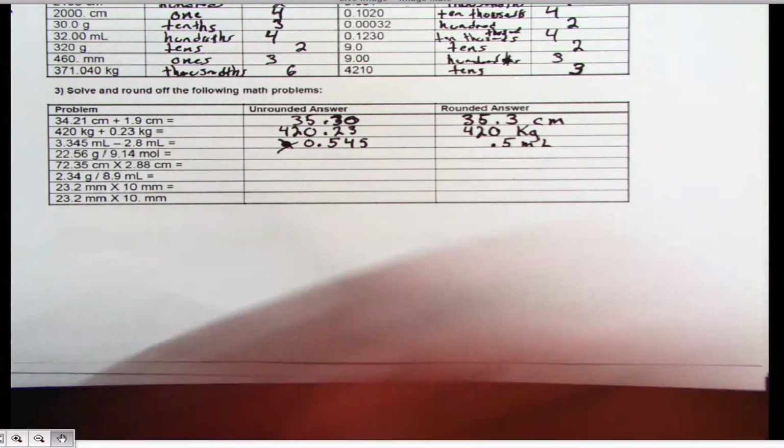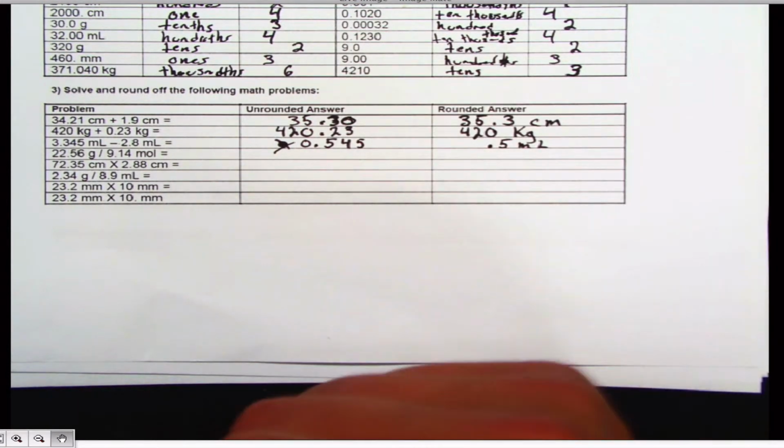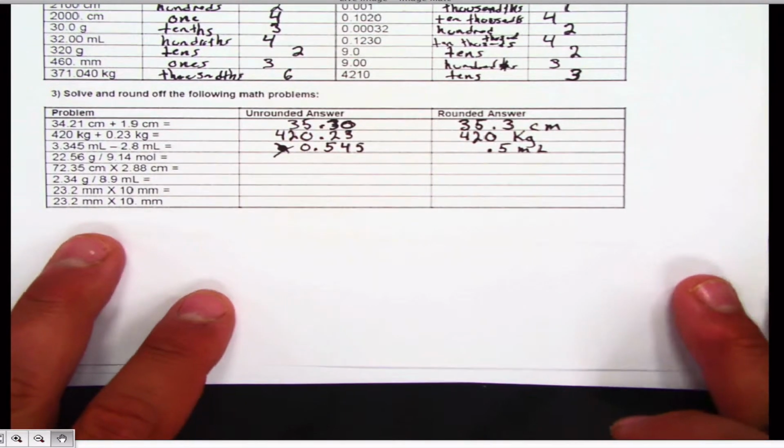Whatever number you get on your calculator, try those. Okay, let's take a break here for a second. It's going to be a long one, and we'll come back.